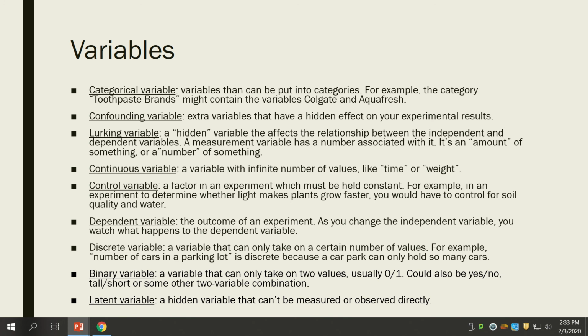For example, your intelligence. We can't measure your intelligence directly, but we have various batteries of tests that take some cognitive functioning to do, and then we infer your intelligence mathematically from all of the different tests that we did.